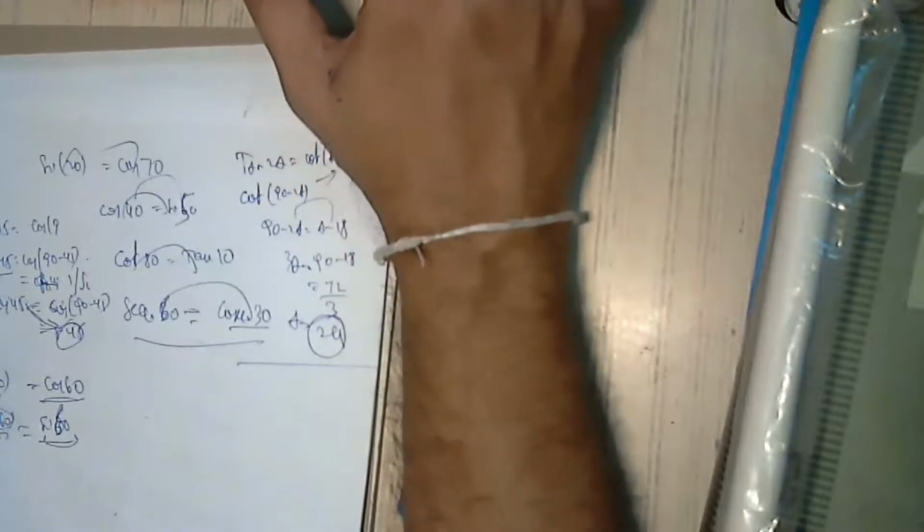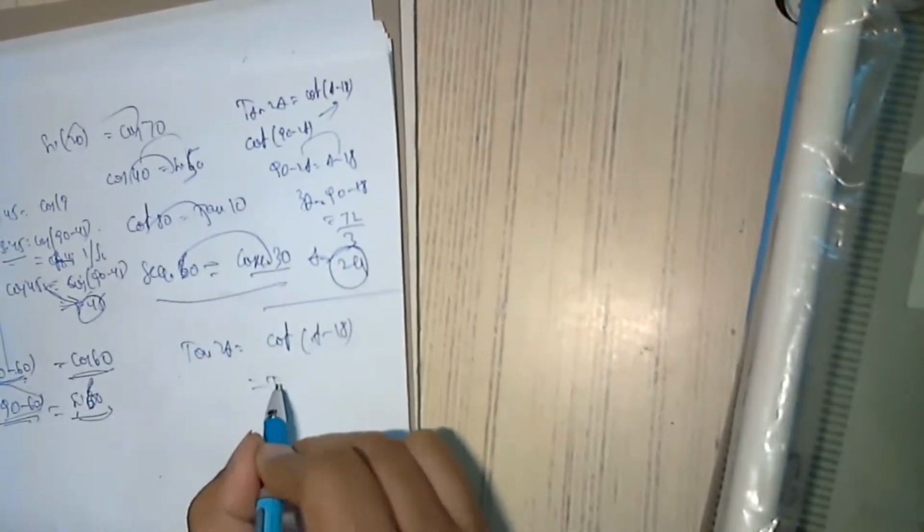I have to bring it to the same side. Otherwise, tan 2a is equal to cot of a minus 18. I can write this as tan of 90 minus a minus 18. So 2a is equal to 90 minus a plus 18.